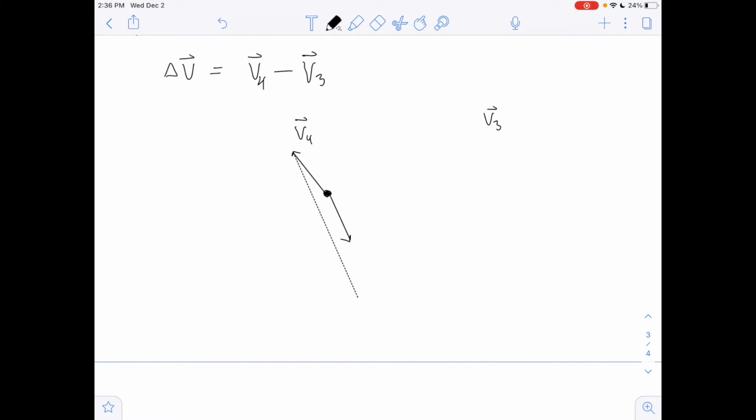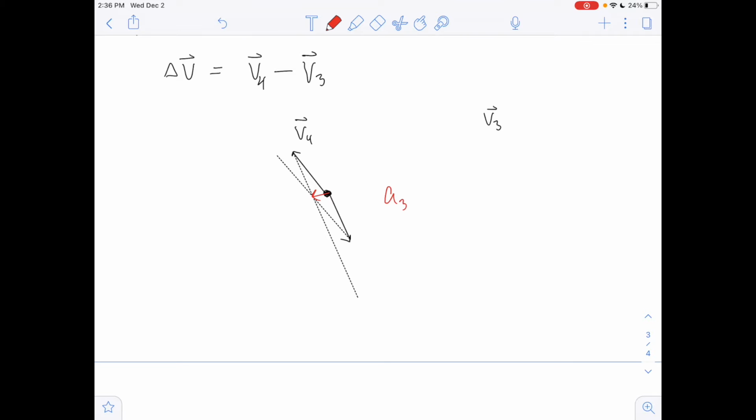And then the parallel line for v4 is going to look something like this. And then we can draw the result going from the start of both to the intersection of that dashed line. So that is going to be our acceleration vector, and we can call that A3.